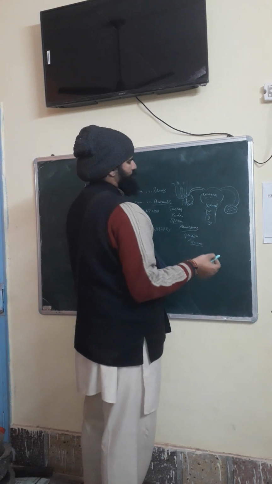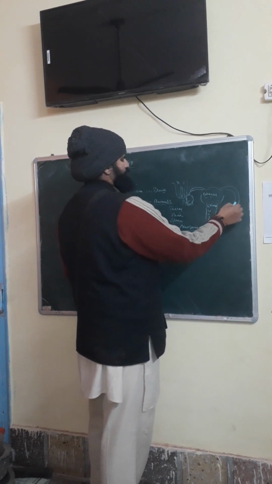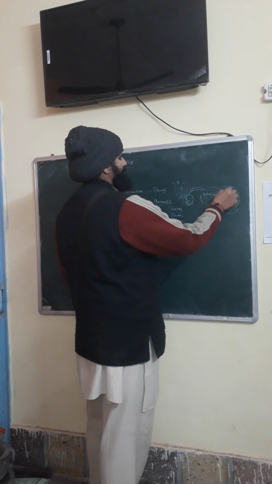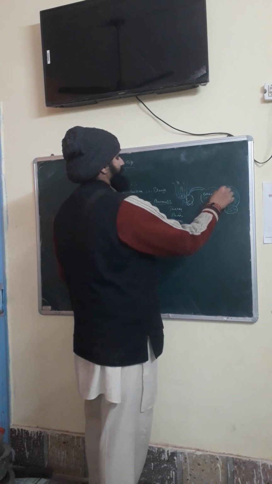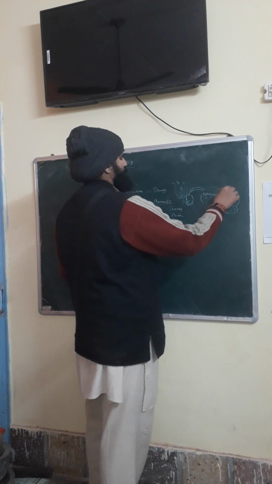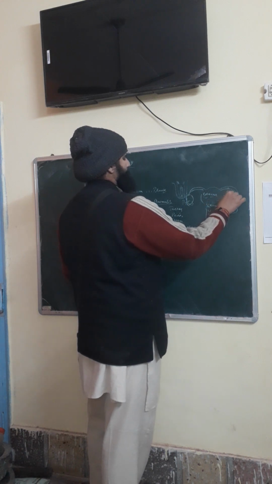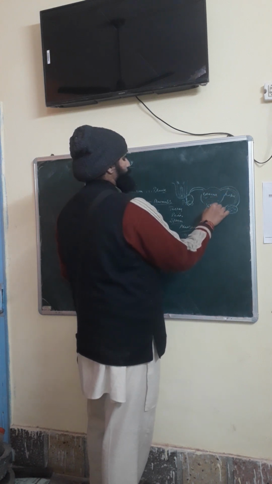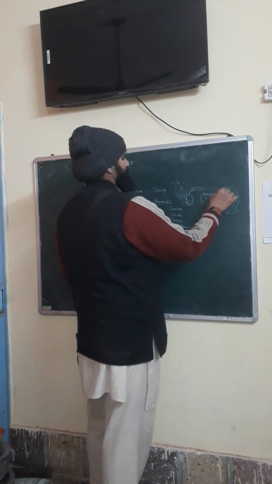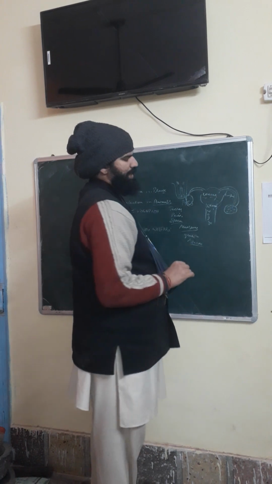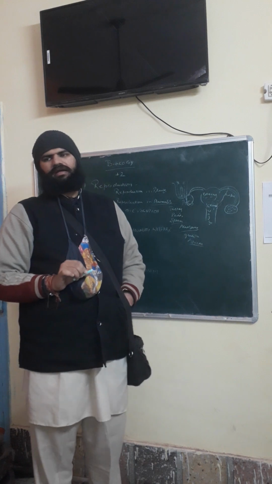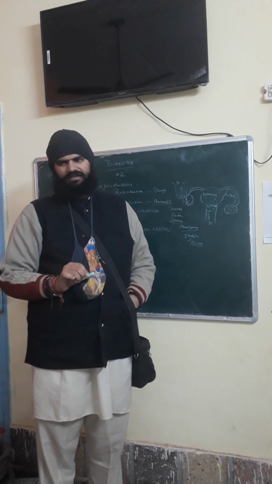After maturing, that becomes an ovum, and the matured egg transfers from the ovary to the fallopian tubes, here at the ampulla region, where the moving sperm cells reach and connect with the ovum and become a zygote.